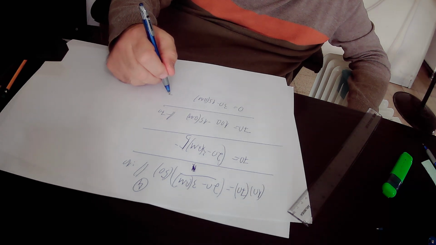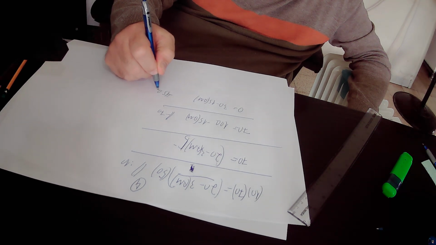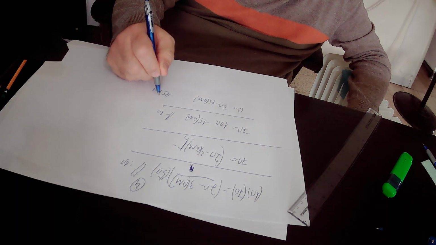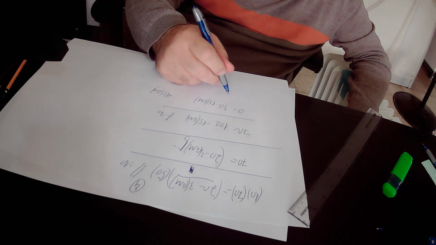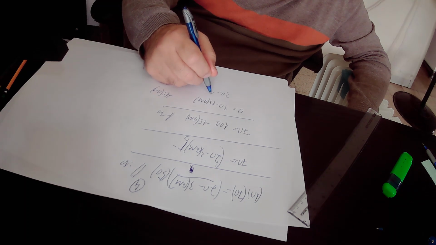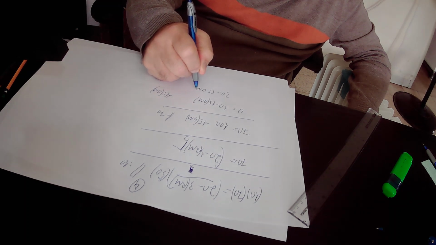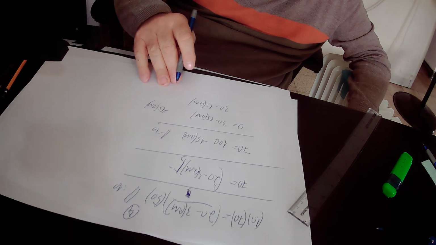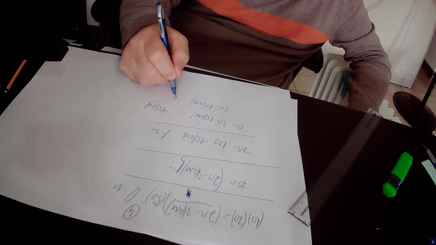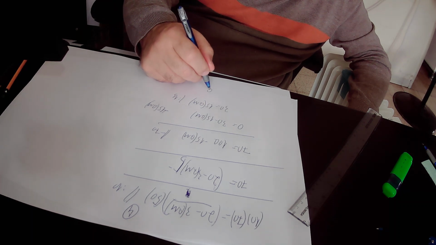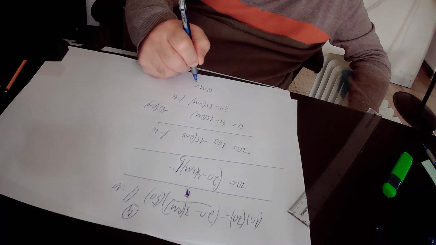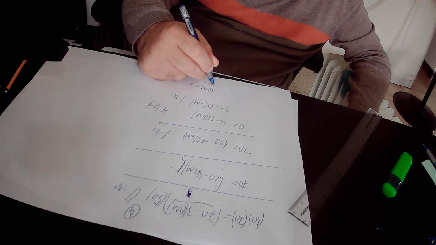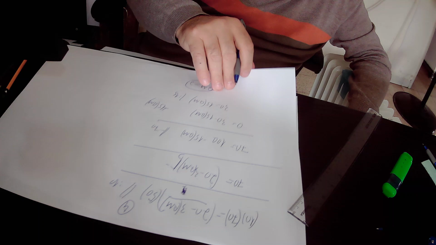Here we add 15 QM to this equation, and we get that 30 equals 15 QM. Here we divide this equation by 15, and finally we get that QM equals 30 over 15, that is 2. So QM equals 2 units in its length.